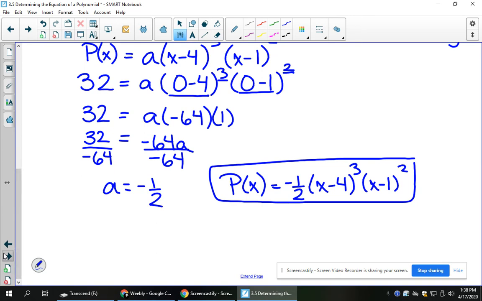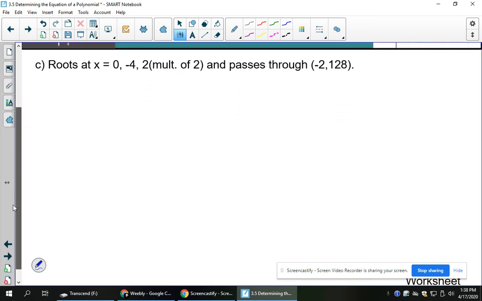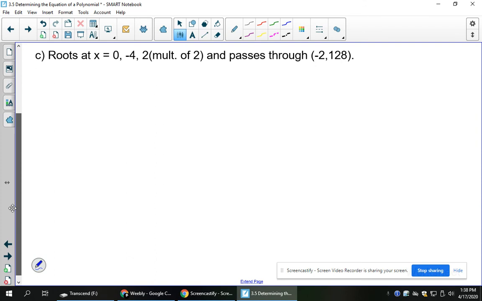One last example that you can pause the video and try yourself. This polynomial function with unknown leading coefficient has x-intercepts at 0. Now, you could write a bracket with x minus 0 in it, but x minus 0 is just x.